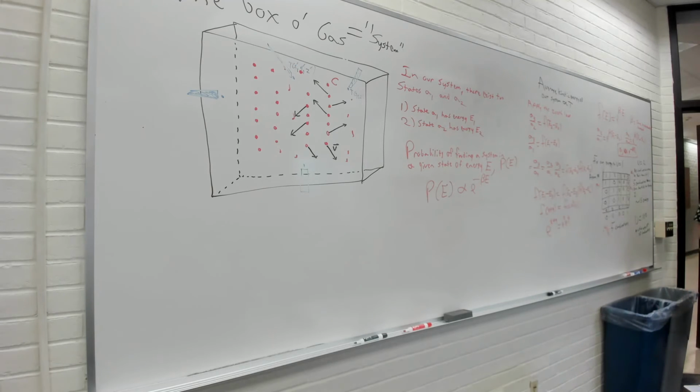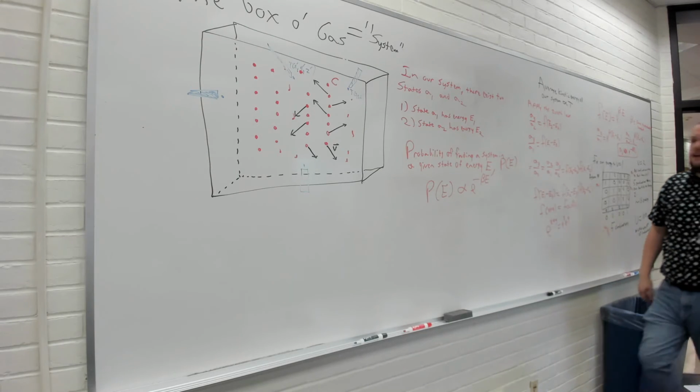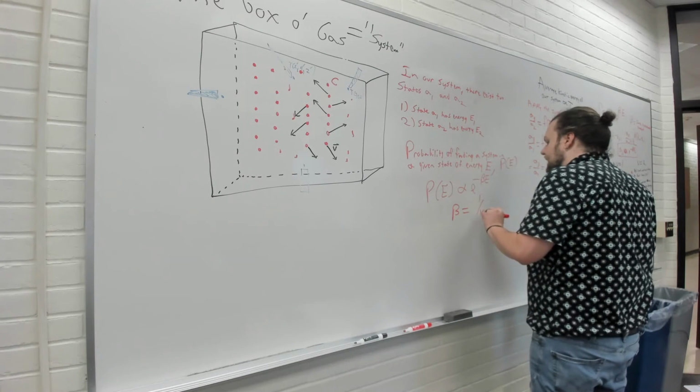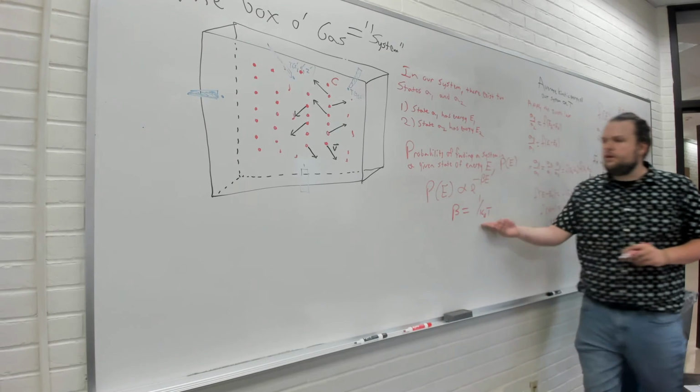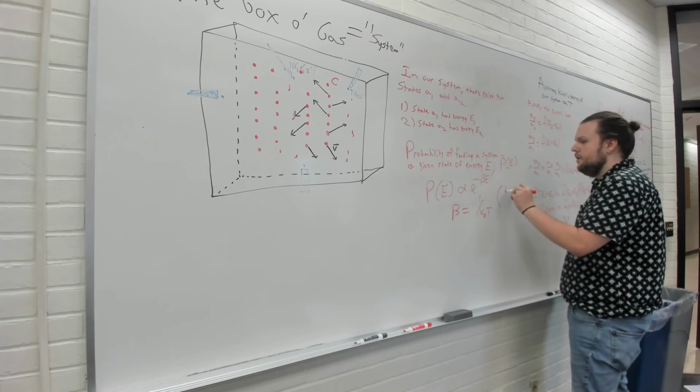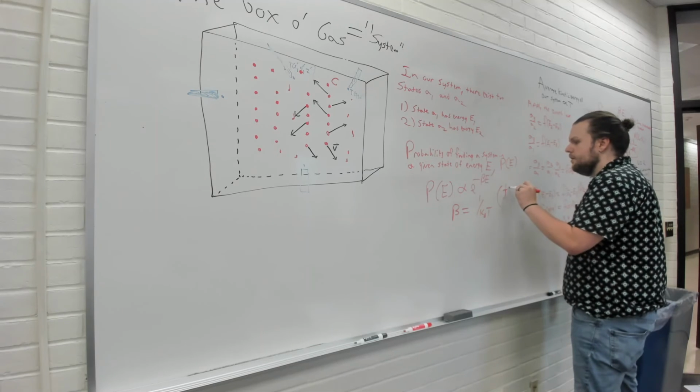Now, I'm not going to do all the math yet, but what we haven't defined yet is this beta. We don't know what this beta is, right? But you can do a little bit of math, and what you find is that beta is 1 over kBT. 1 over Boltzmann constant times temperature. Right? These have units of inverted joules.